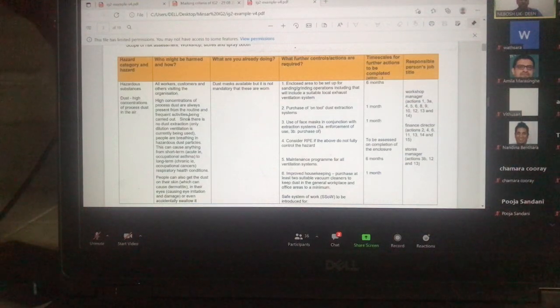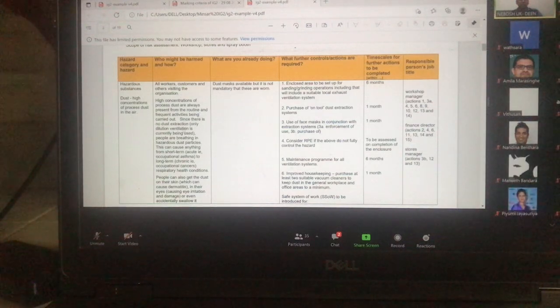High concentrations of dust processes are always present from the routine and frequent activities being carried out. Since there is no dust extraction, only dilution ventilation is currently being used. People are breathing in hazardous dust particles. This can cause anything from short-term occupational asthma to long-term chronic occupational cancers and respiratory health conditions.